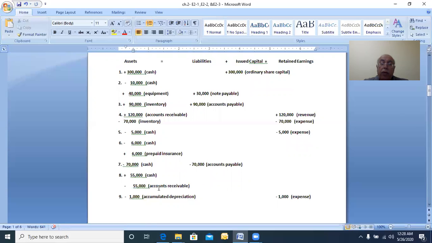That means our accounts receivable as current assets must be decreased by the amount which we collected from our customer, and at the same time we increase our cash by the same amount, because we collected the cash.